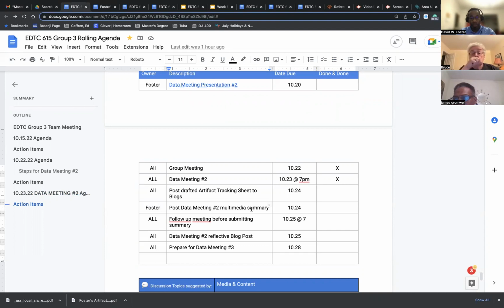We agreed that we will post our individual unchanged artifact tracking sheets to our blog. We then said we would create a common blog. If y'all are willing to meet one more time, I can create a Google Doc and we can knock that out together to make sure everybody's on the same page, and that'll be our last meeting for today.